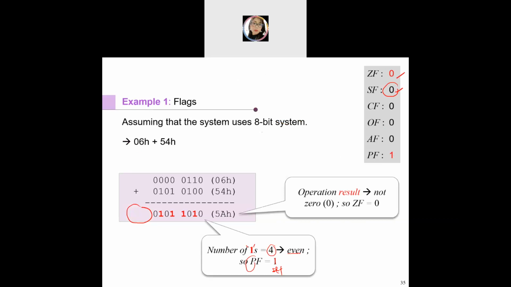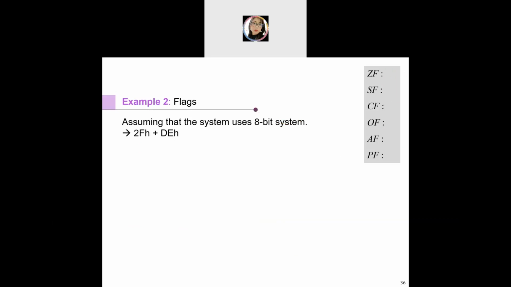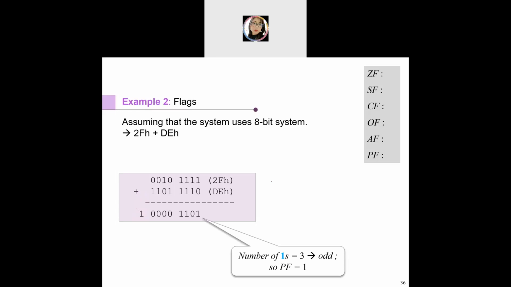This one, this one. So this is what we just looked into. So next, we have another example here. You're going to use a similar add bit, and now you have overflow. How many digit 1 you have depends on the parity flag. Just now you had even, here you have odd.